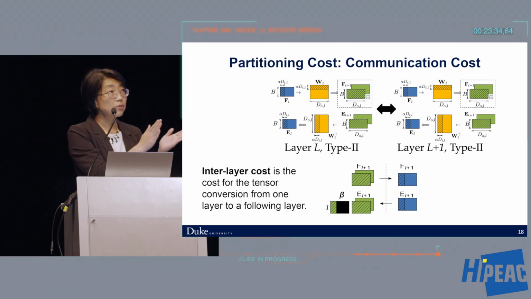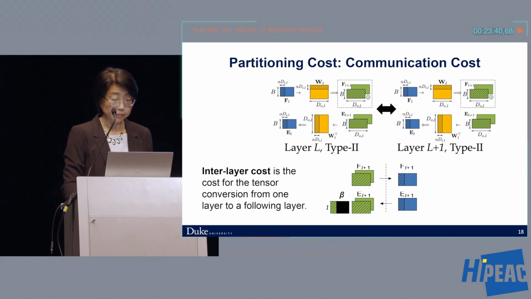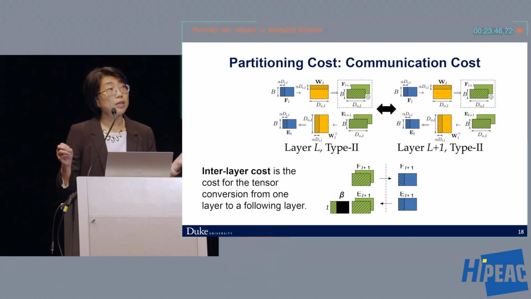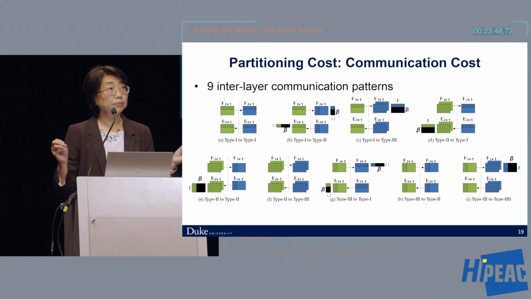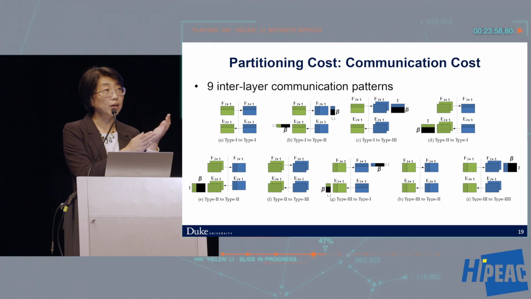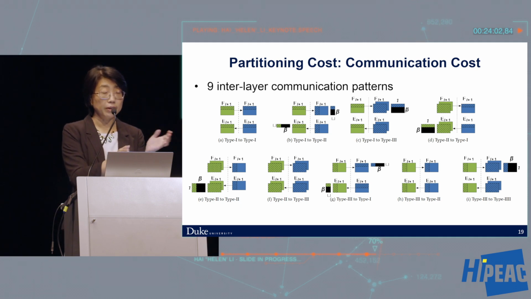So you see the forward path and the backward path, in fact, have different data patterns, and that introduces a different intra-layer cost, corresponding to how we partition the accelerators or data, and to the combinations of layer L versus the following layer.